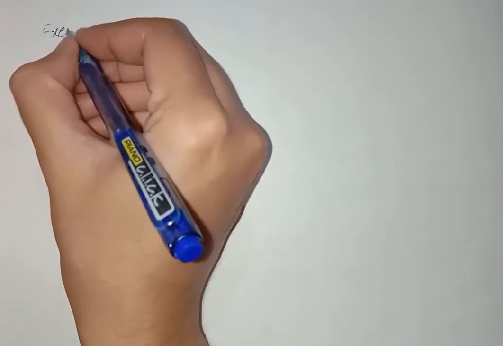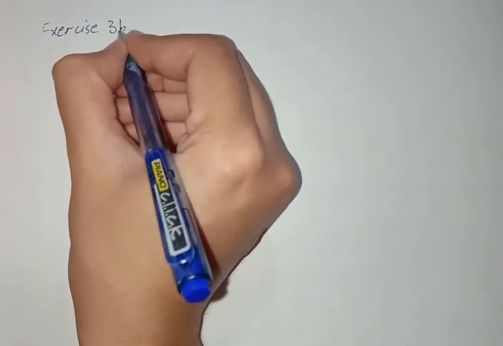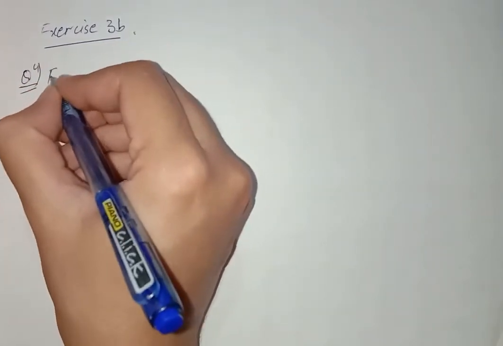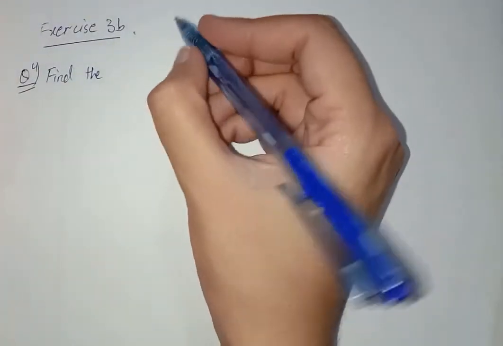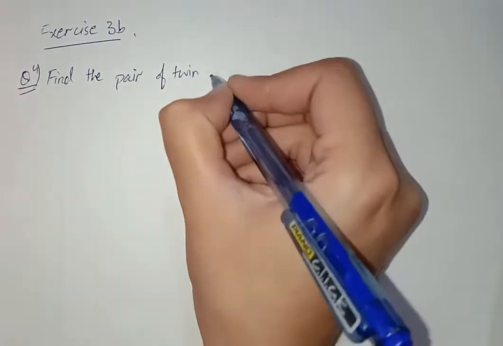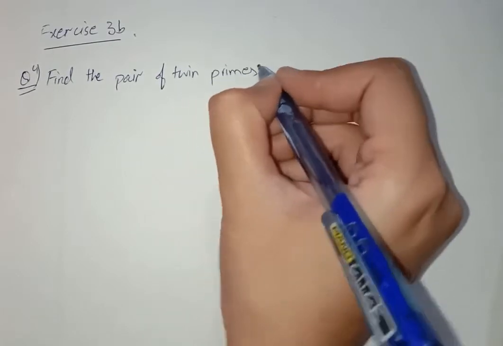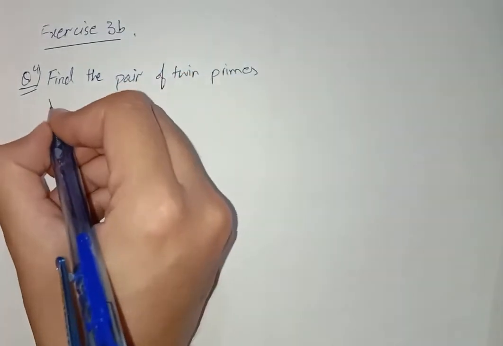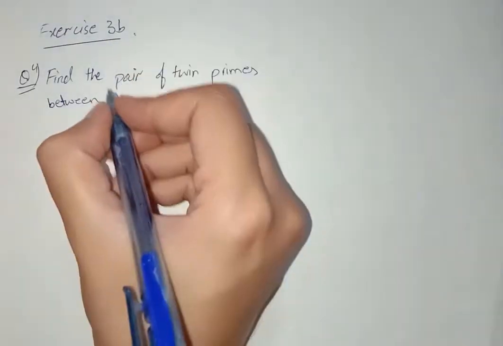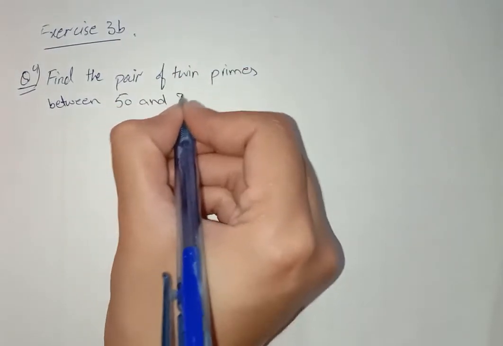Okay students, so exercise 3B, question number 4: find the pair of twin primes between 50 and 80.